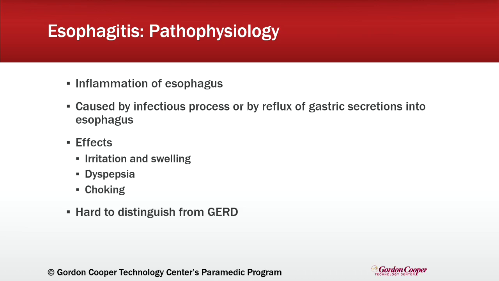Esophagitis is simply an inflammation of the esophagus. It can be caused by an infection or stomach acid backing up in a reflux situation. Regardless of the cause, it leads to irritation and swelling. Patients might complain of indigestion, or dyspepsia, or even a choking sensation. It can look a lot like GERD, which makes it a tricky diagnosis.